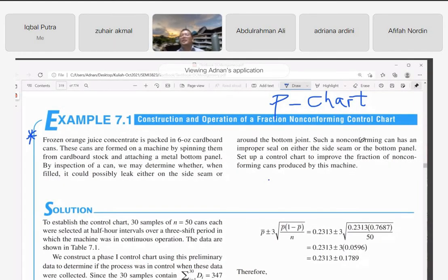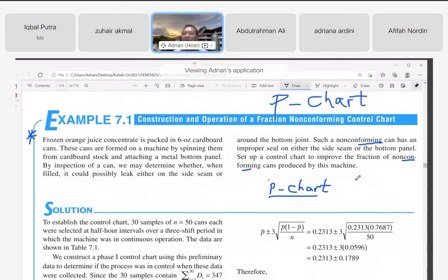The word used here is non-conforming. Here also, non-conforming. When you see non-conforming, it's referring to the P chart. If it says non-conformities, it cannot necessarily or directly imply a P chart. If it says non-conformities, most likely it will be a C chart or U chart.